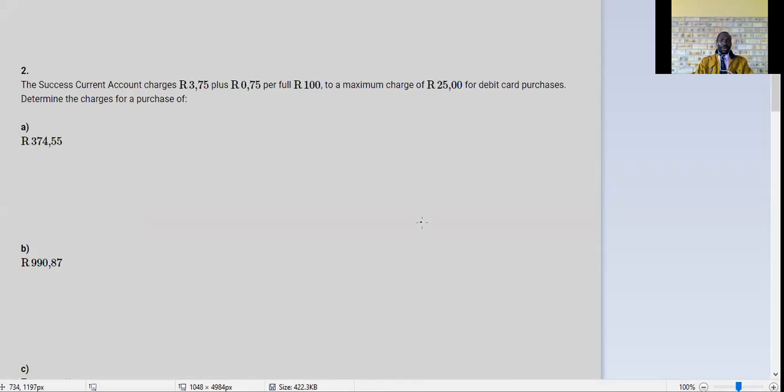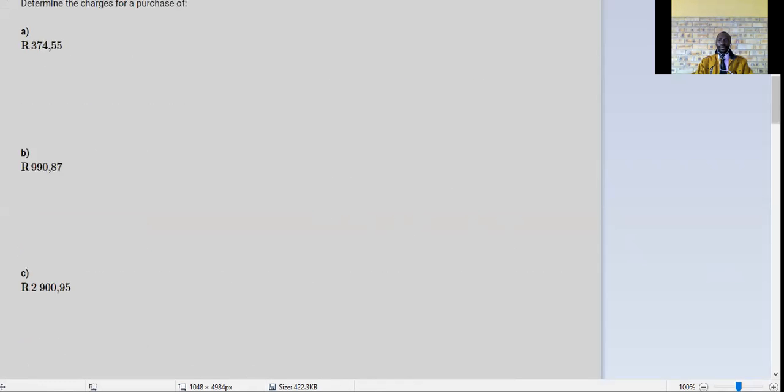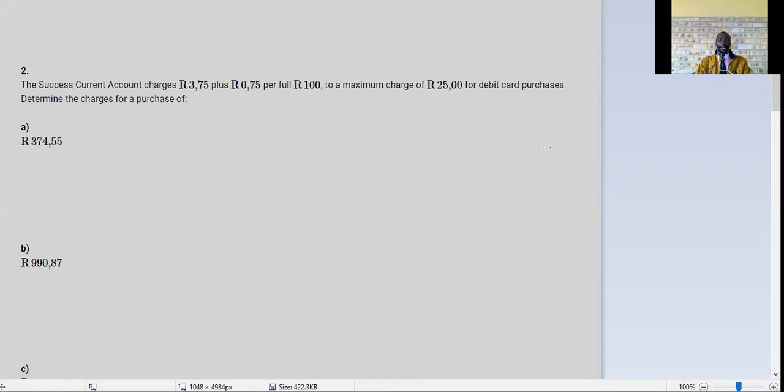Now in question 2, we have it that this type of account called the success current account also charges. Now, how much do they charge? Well, they charge 3.75 plus 0.75 per full 100, to a maximum of 25 rands for a debit card purchase.